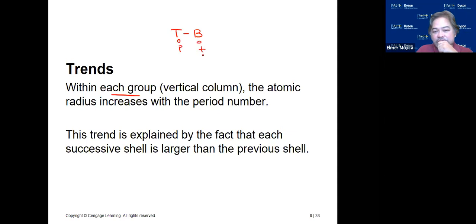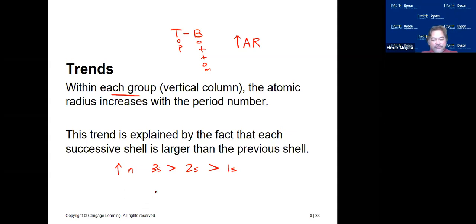From top to bottom, atomic radius increases. Okay? And one explanation for this is you have higher n. So you expect the 2s to be greater than the 1s. You expect the 3s to be greater than the 2s. So that's what it means.